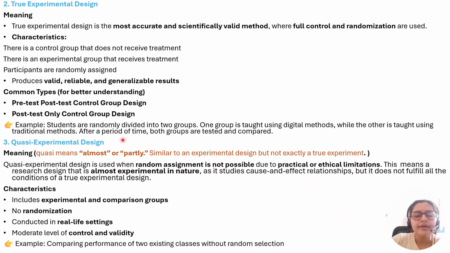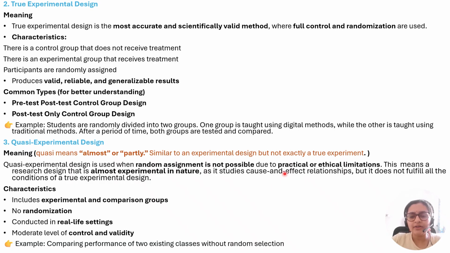Therefore, a quasi-experimental design will study the cause and effect relationship. Experiment means studying of cause and effect relationship. It will study the cause and effect relationship, but it does not fulfill all the conditions of an experiment. See, random assignment is not there. Quasi-experimental design is used when random assignment is not possible due to practical or ethical limitation.